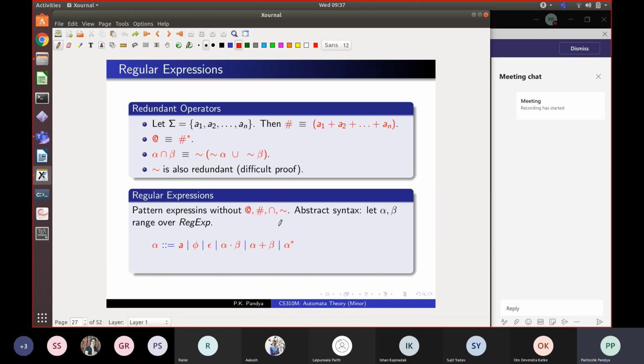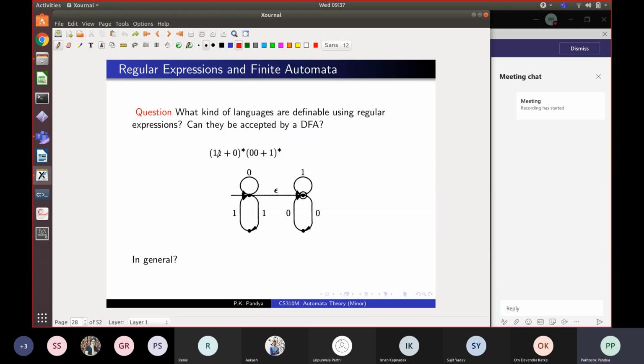You can make bigger regular expressions out of smaller regular expressions alpha and beta by using either catenation, or plus, which denotes union, or the Kleene closure operator, right? We made use of these operators here. The dot is implicit. When I say 1 1, what I actually mean is 1 dot 1. So that is what was happening, and we can write regular expressions like this.